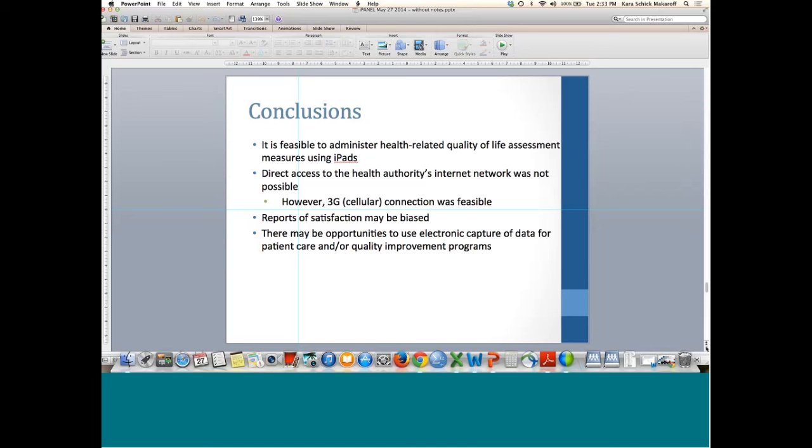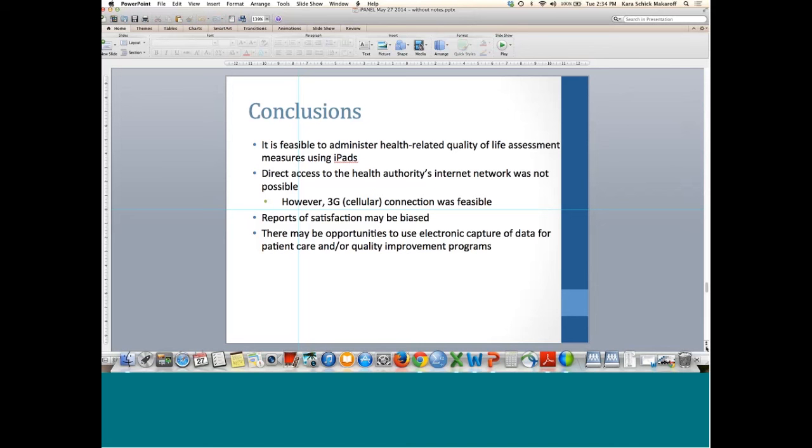So just in conclusion about this phase, it certainly is feasible to administer health-related quality of life assessments using iPads in an environment such as this. Unfortunately, the health authority did not allow access to its internet, and so I ran everything off of a 3G or cellular platform, which is possible, but certainly not the most ideal.